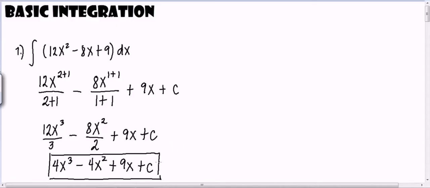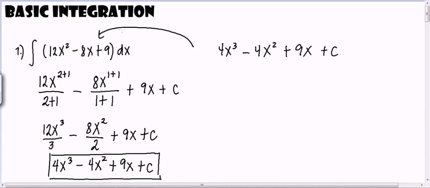Ang ibig sabihin nito guys, binalik lang natin itong na-derivative na to na si 12x squared minus 8x plus 9 doon sa function na pinanggalingan niya nung hindi pa siya na-derivative. Kaya kapag ka-derivative nyo tong 4x cubed minus 4x squared plus 9x plus c, dapat bumalik yan dito. I mean, pupunta siya dyan. Okay? So, try natin siyang i-derivative.